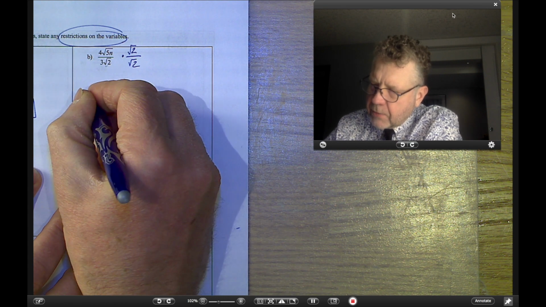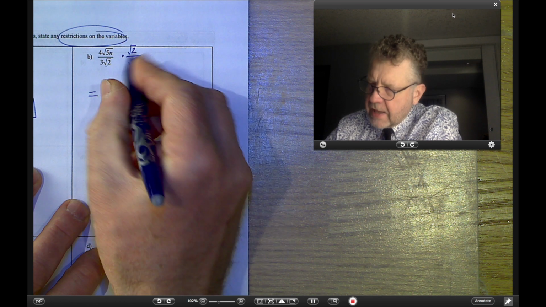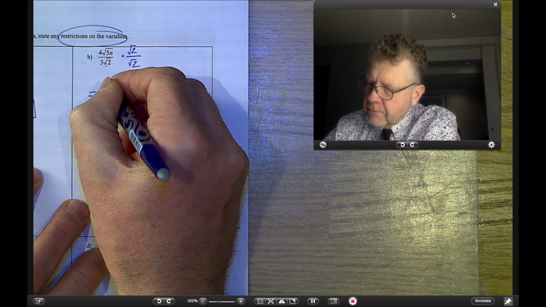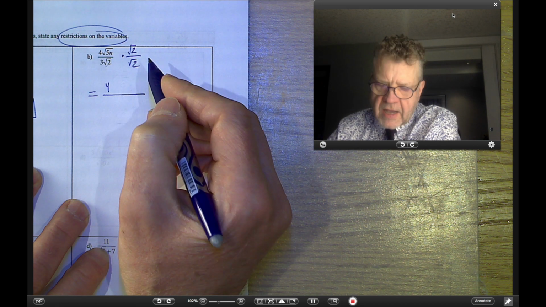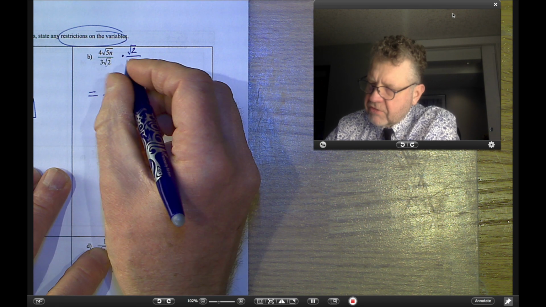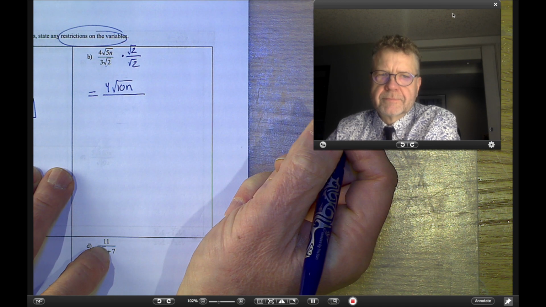So what are we going to get? Well, on the top, we're going to have the 4 because there's no coefficient here, and root 5n times root 2 is going to be the square root of 10n. That kind of rhymes.